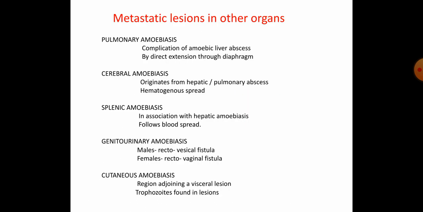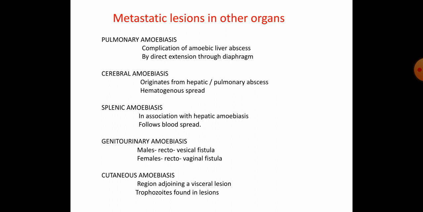Now these trophozoites do not limit themselves to the liver, they can also travel to other organs. They can travel to the lungs, resulting in pulmonary amoebiasis, or move to the cerebral region, resulting in cerebral amoebiasis, to the spleen, causing splenic amoebiasis, sometimes to the genitourinary region, resulting in genitourinary amoebiasis, and lastly, they can also be visible on the skin, resulting in cutaneous amoebiasis.